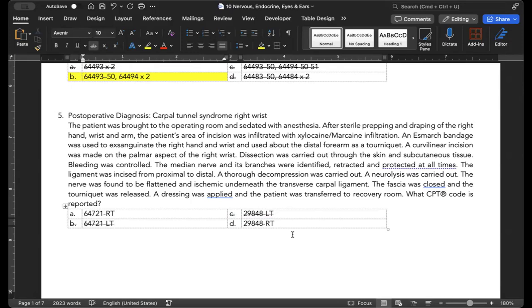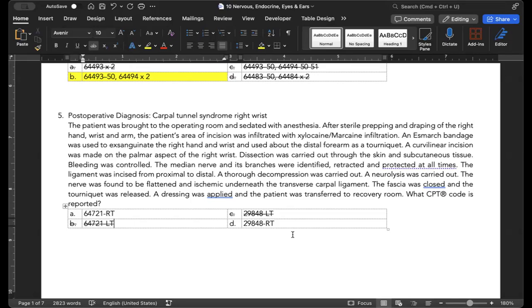In a series of codes, will they give you one that's in a different series? It could be. For instance, you could be in the integumentary system and there's a laceration, and they say that they only closed it with butterfly strips.